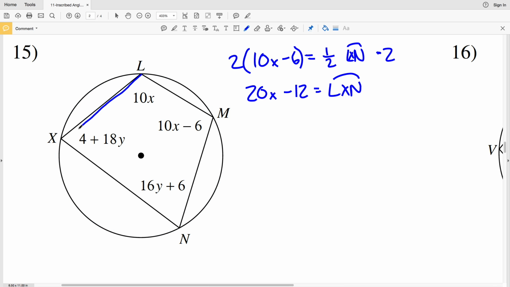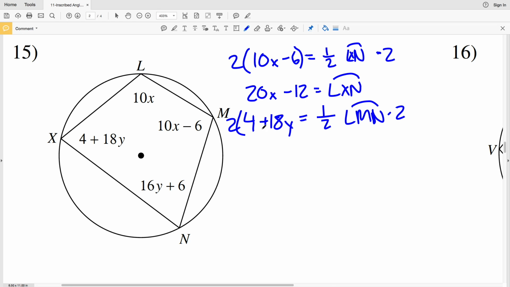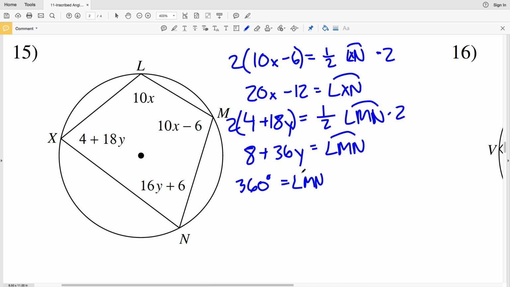So that inscribed angle for LMN is 4 plus 18y. So 4 plus 18y equals 1/2 of LMN. So multiplying by 2, distributing that 2, I'll get 8 plus 18 times 2 is 36, so 8 plus 36y equals arc LMN. So 360 degrees equals LMN plus LXN.